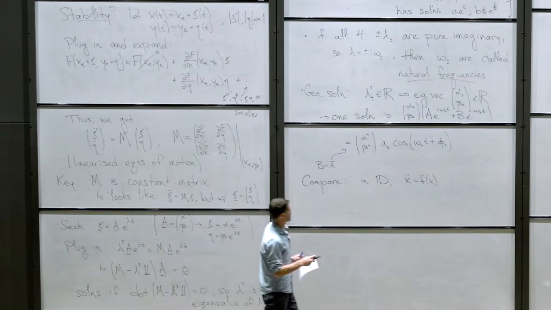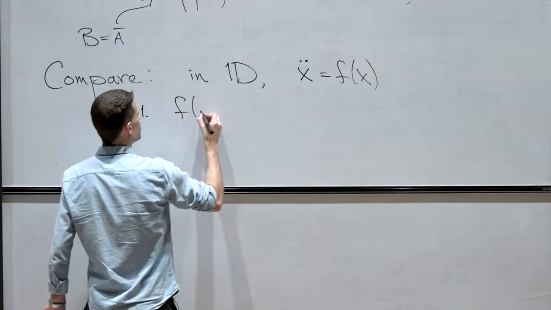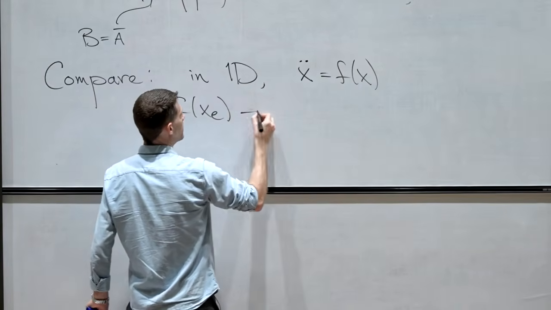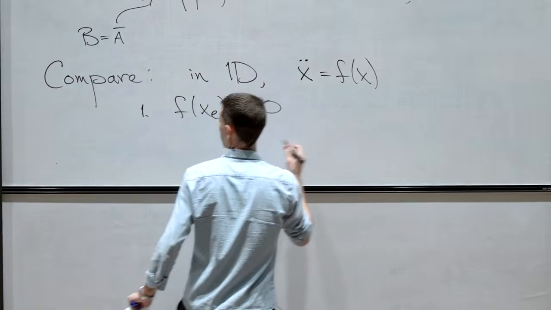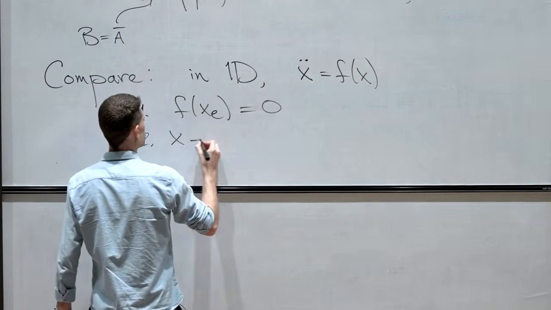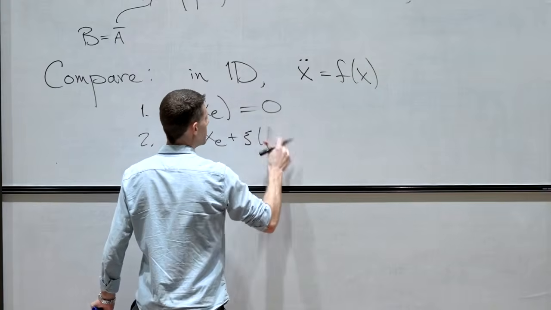Okay? So x dot dot is f of x, so I start by saying f of x_e is 0 as an equilibrium point. I expand, step 2, x is x_e plus psi of t.